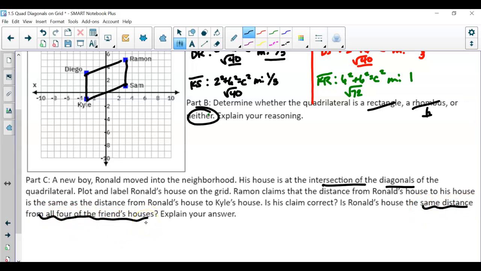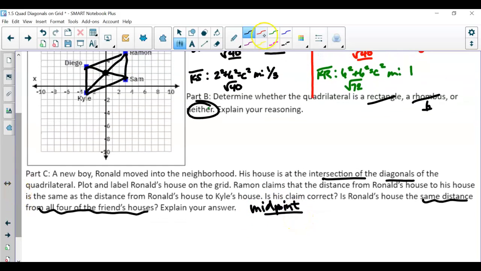What did you have to use? Midpoint. So if the diagonals are crossing at the midpoint, then that means that Ronald's house is the same distance from all four because the diagonals have been bisected. So for this problem, you needed to set up the midpoint formula.